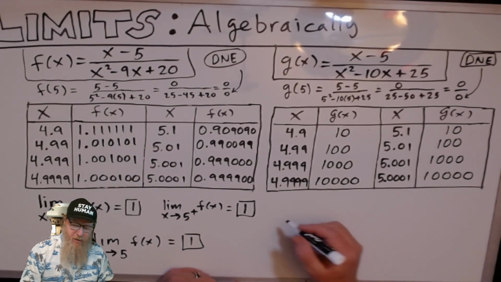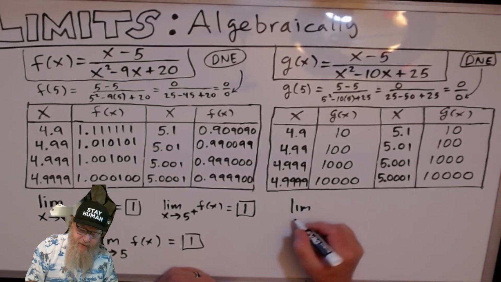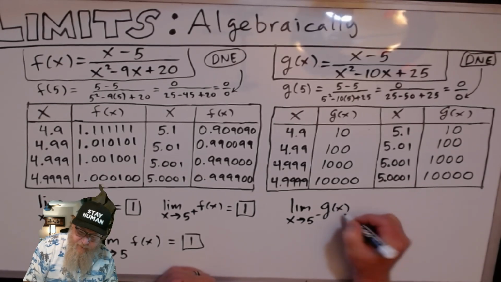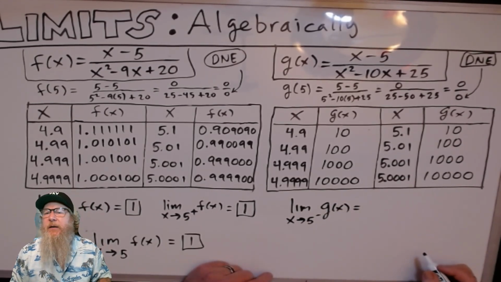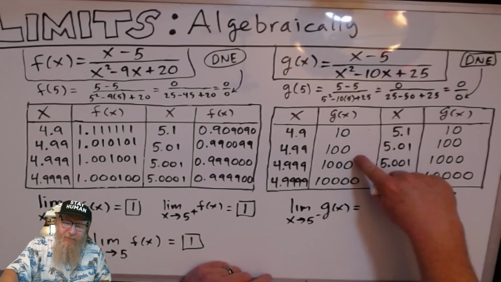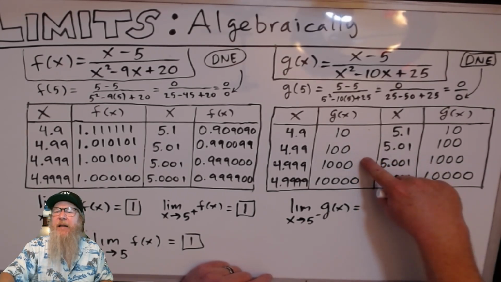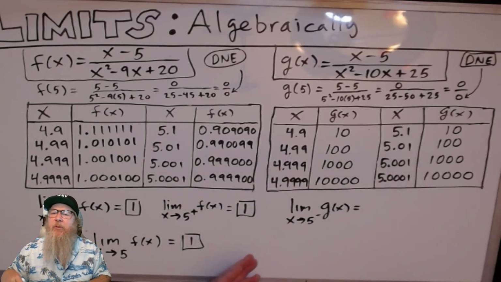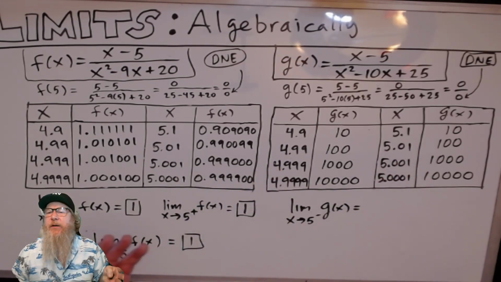All right, so let's go ahead and do the same thing. Let's find the limit as x approaches 5 from the left. This time it's of the function g of x. And look what happens. 10, 100, 1,000, 10,000. The next one, if we kept building a larger table, would go 100,000 and 1,000,000 and so forth.